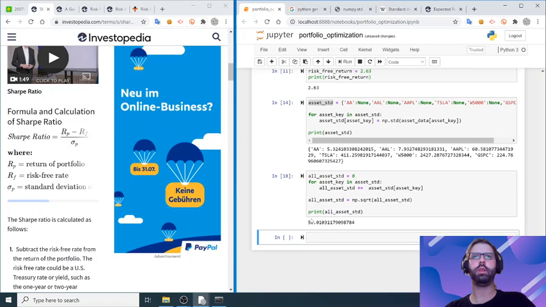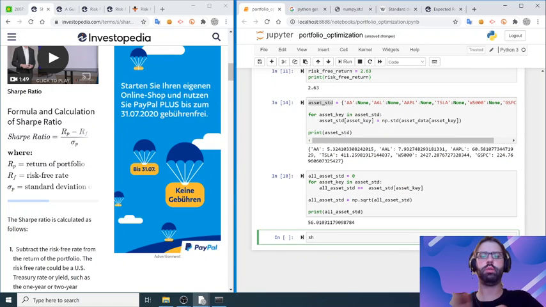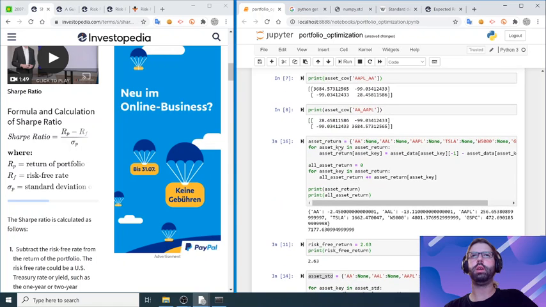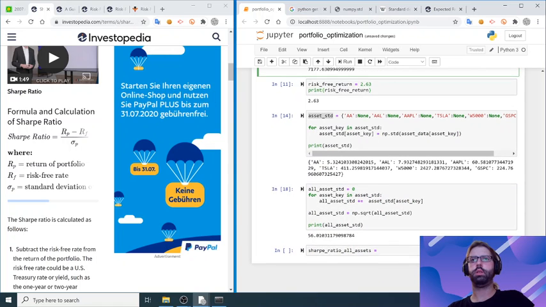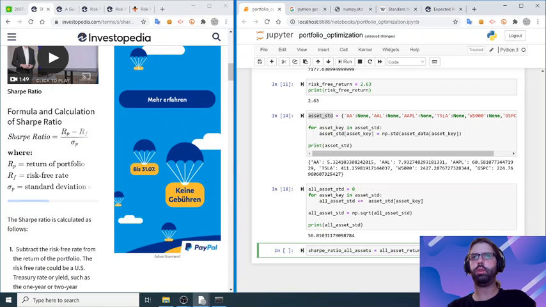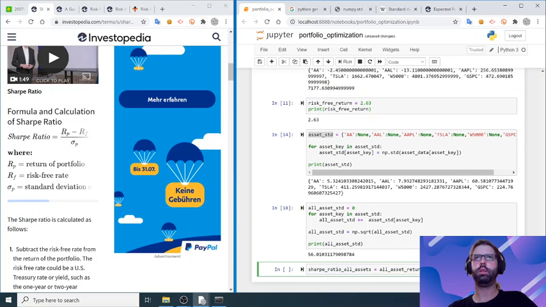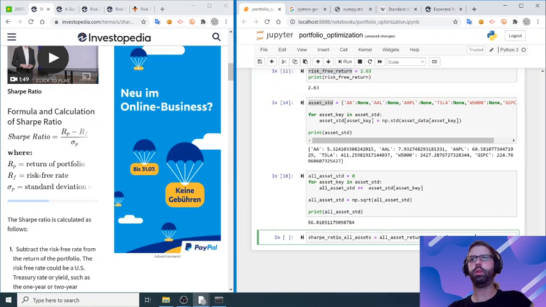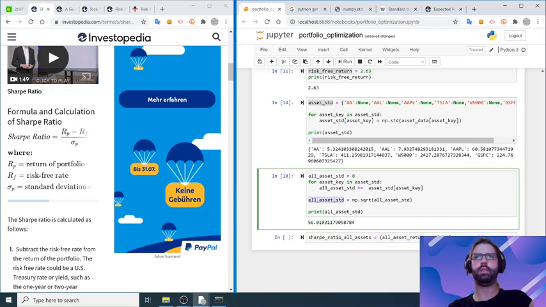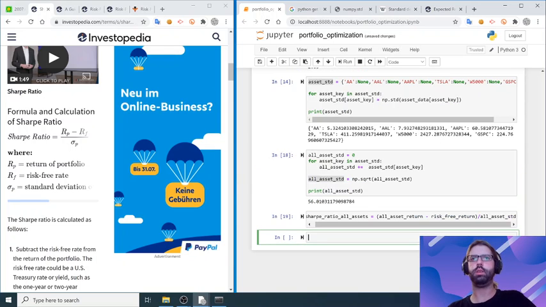Okay, so now we basically have that the Sharpe ratio for all assets is the all assets return minus the risk-free return divided by all assets STD.